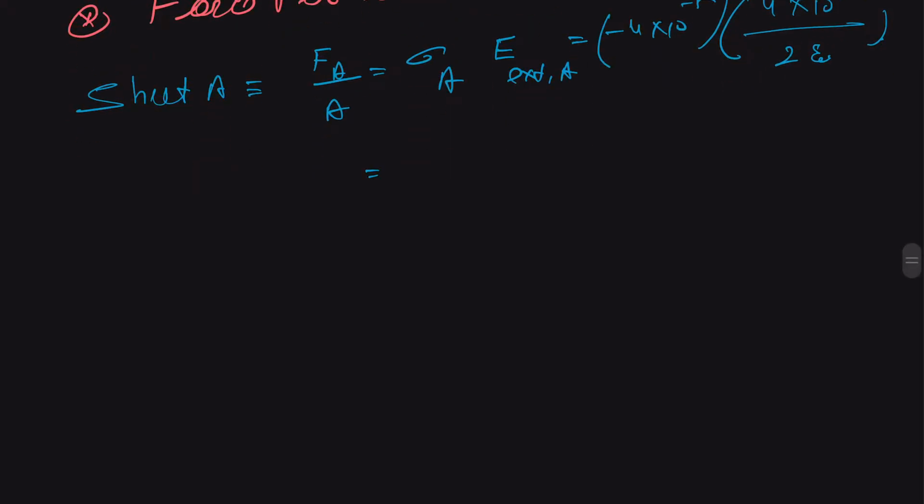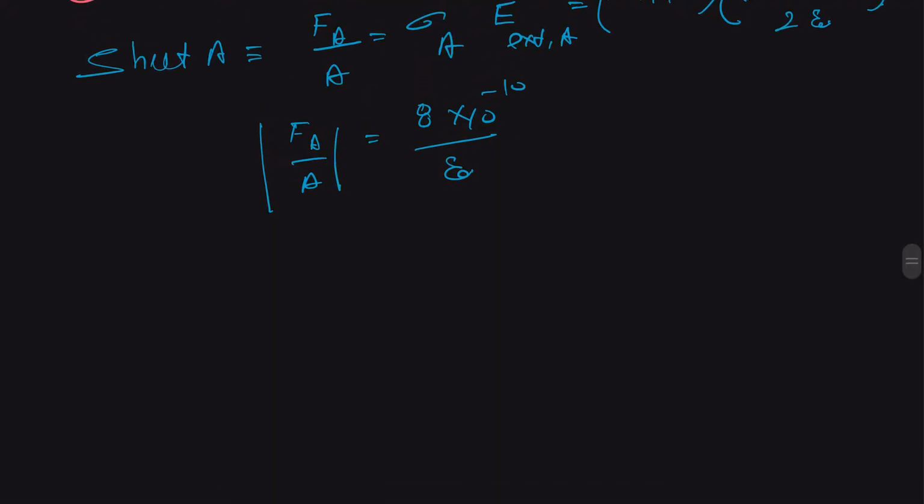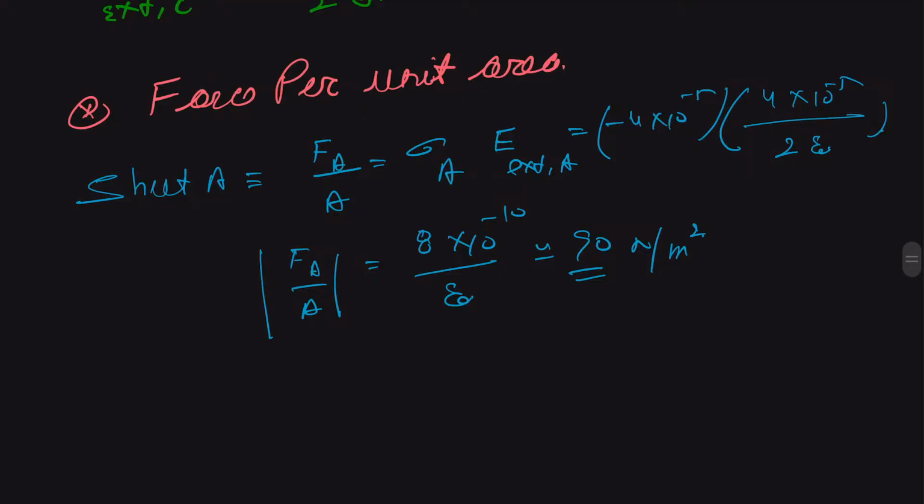So if we are interested in magnitude part only, F upon A will be equal to 8 into 10 to the power minus 10 upon epsilon naught. Now similarly, and direction, we will come to that later on. This is approximately equal to 90 Newton per meter square.